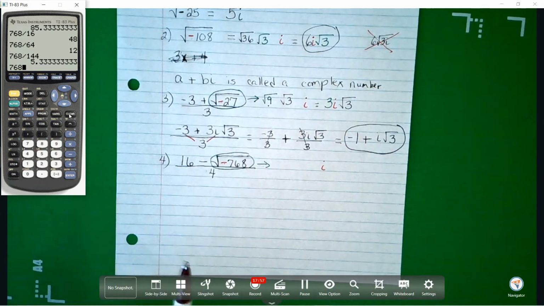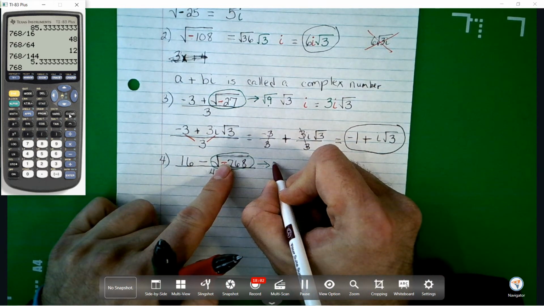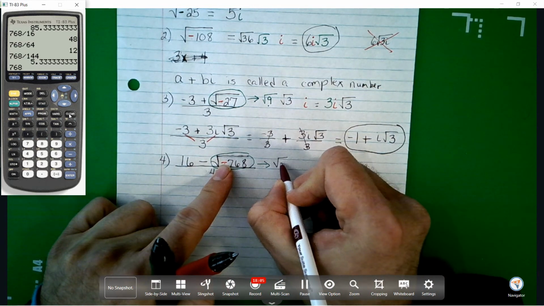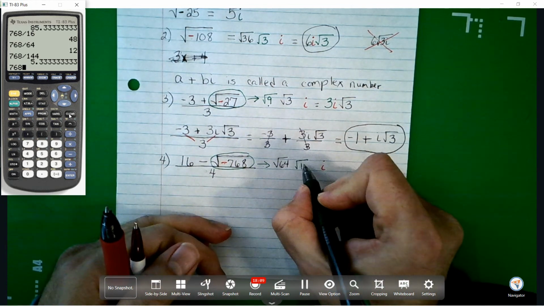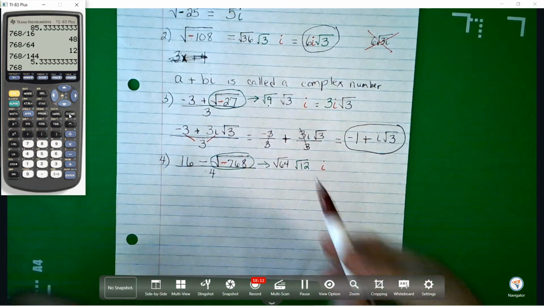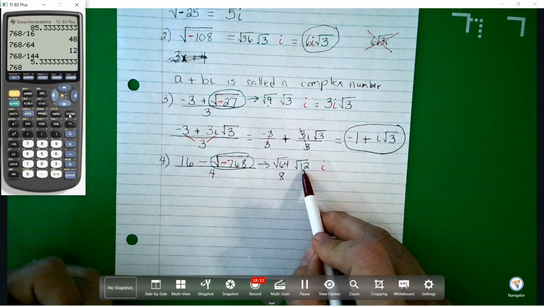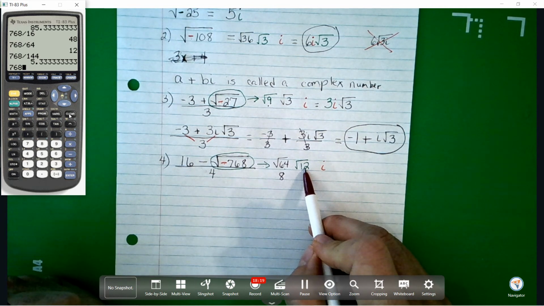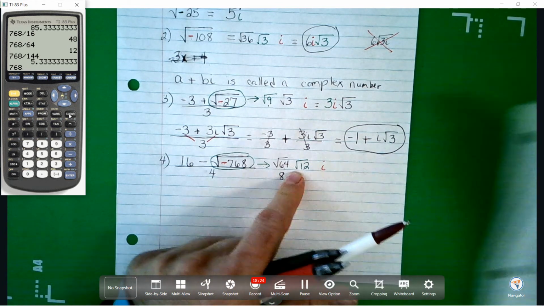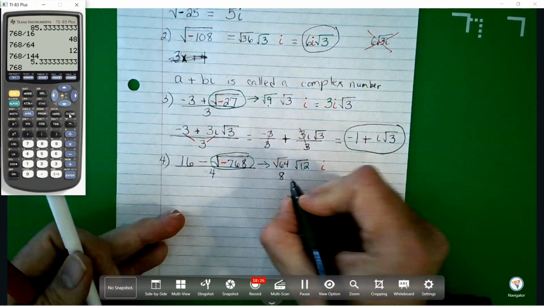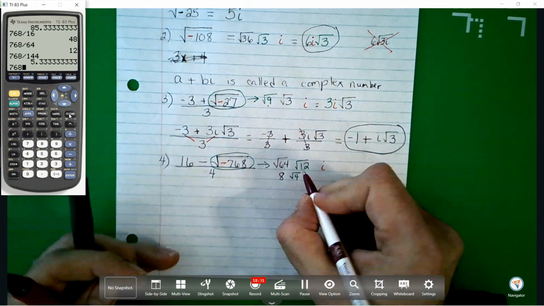Let me show you how you can break this thing up. You can think of the 768 as 64 times 12. Then break this up into 2 steps. The square root of 64 is an 8. But that square root of 12, we can break up further by calling 12 4 times 3.